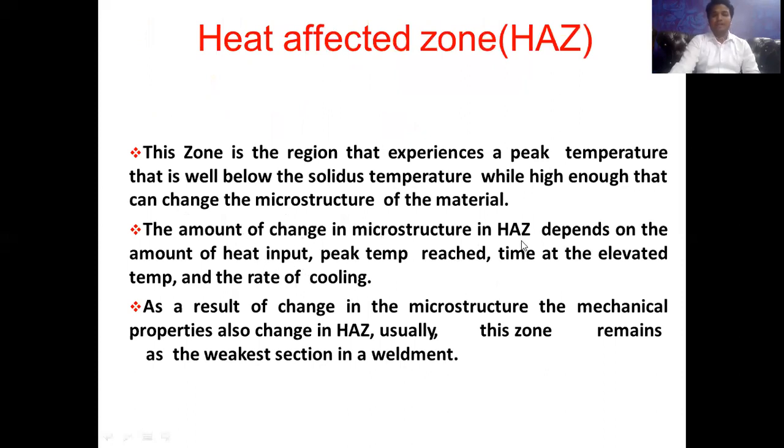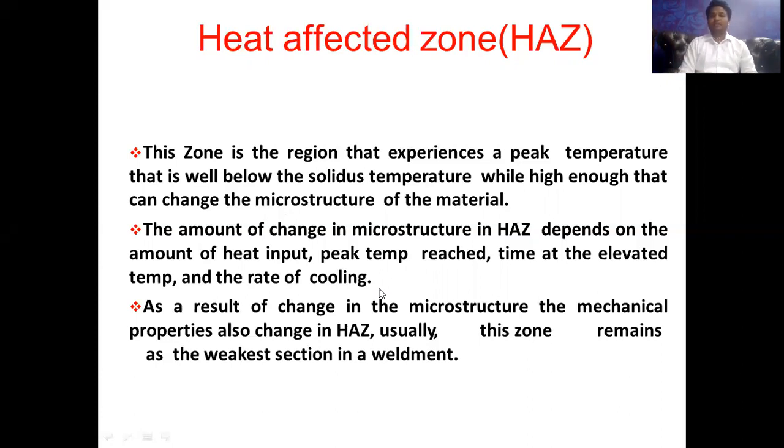The amount of change in the microstructure in the HAZ depends on the amount of heat input, peak temperature reached, time at the elevated temperature, and the rate of cooling. The first is the heat input, how much heat is supplied to that particular weldment. Then the highest temperature reached in the weldment is called the peak temperature, and the time at elevated temperature is how long that weld material is subjected to it.